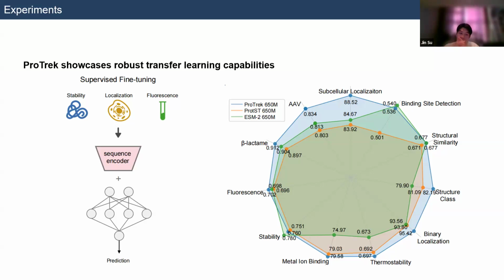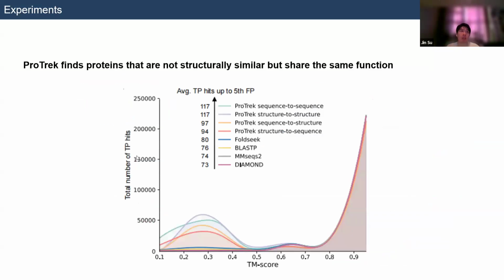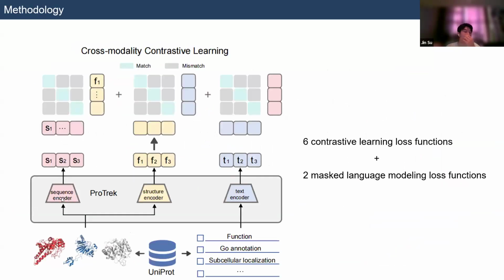However, in our empirical study, we found that using sequence for retrieval usually achieves the best performance, because the sequence encoder contains 650 million parameters and is an ESM-2 backbone.